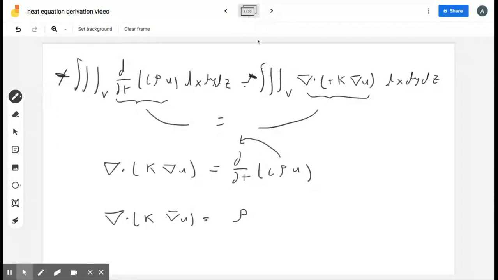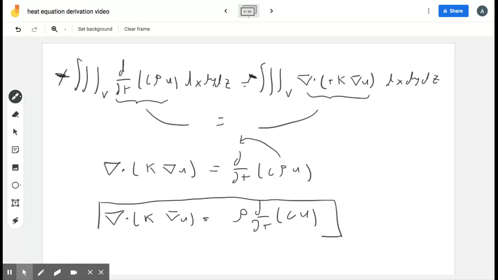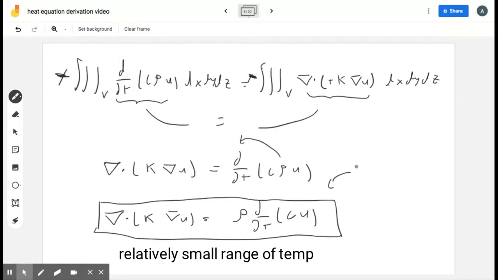So what we should get is density times specific heat times the derivative of the temperature distribution. So this is the generalized heat equation right here. Okay, but it's commonly written that the thermal conductivity and the specific heat are constant for a relative range of temperatures. So this is the heat equation.